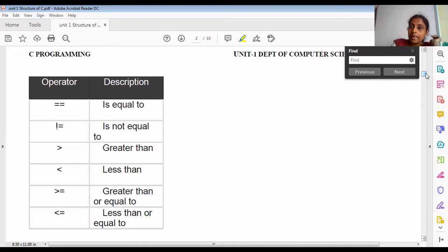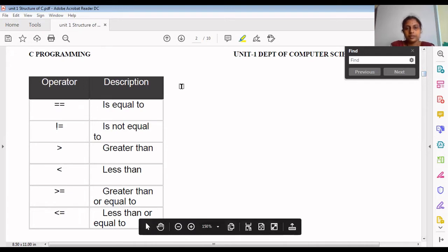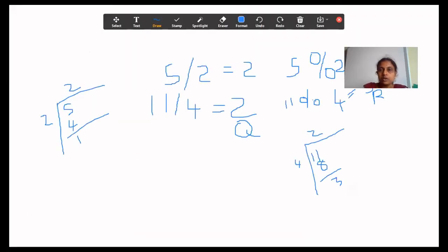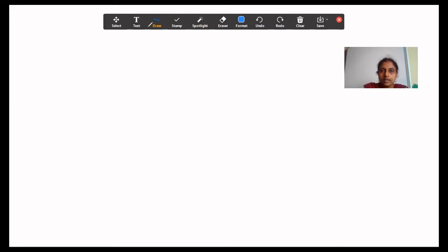When you write a equal to 5, it means you are assigning the value 5 to a. Once again, let me share the whiteboard and explain. There are two things here: one is equal to, another is double equal to.